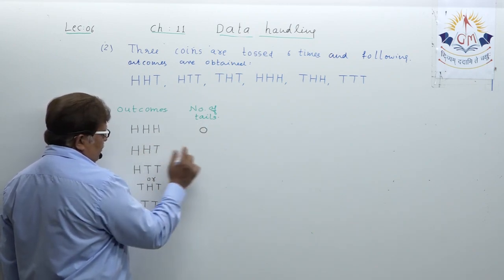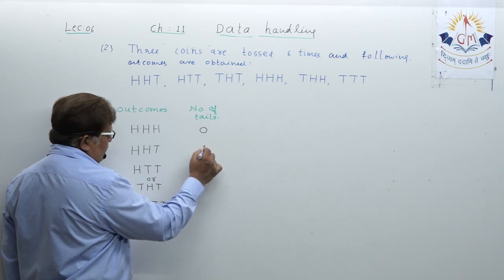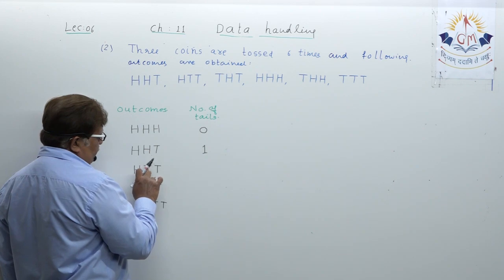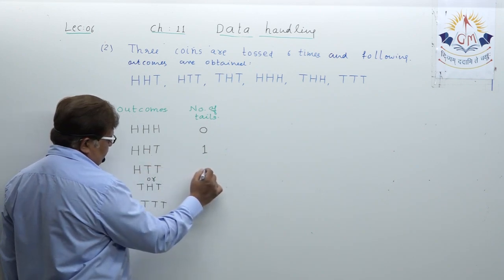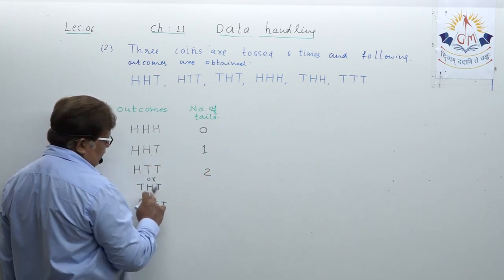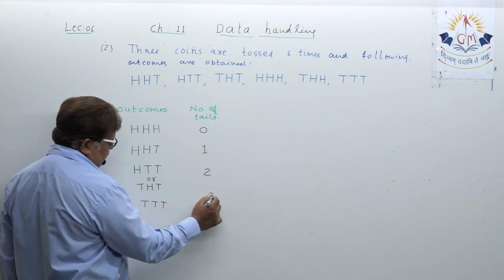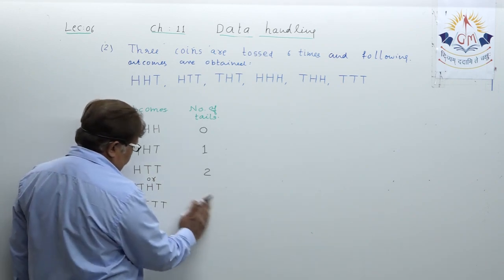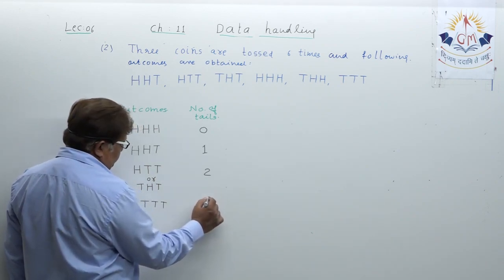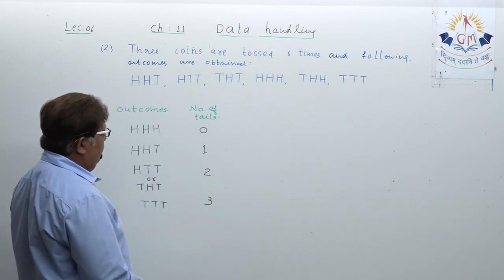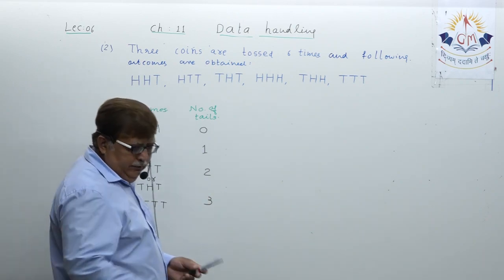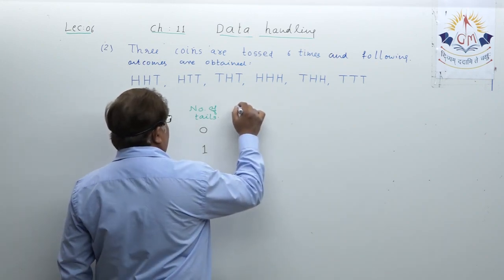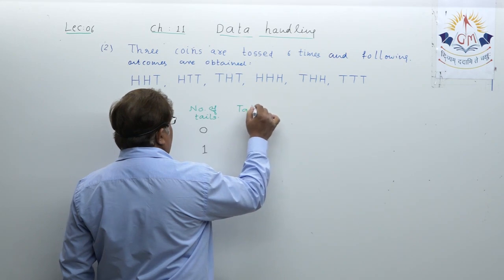Such outcome involves one tail. Such outcome involves two tails, and such outcomes actually involve three tails. Okay, then as usual, next will be tally marks.